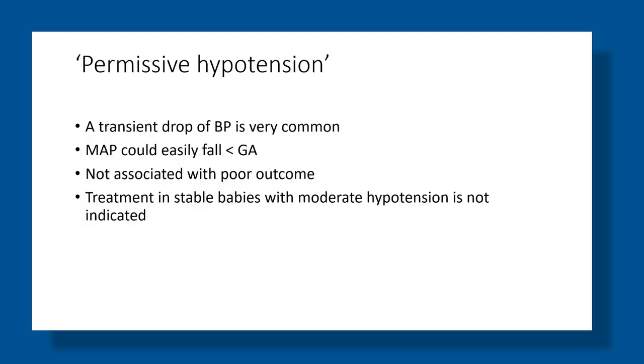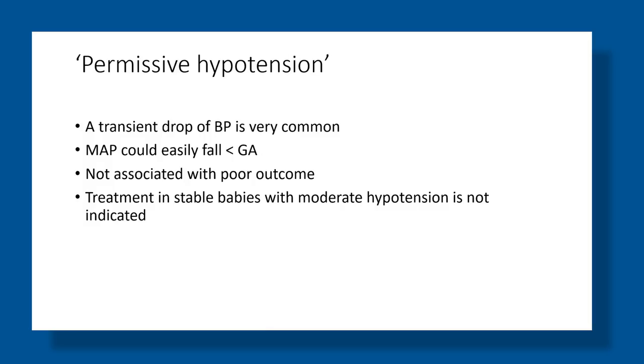So therefore, people have come to this concept of permissive hypotension. So those who are studying and working in neonatal units, we are very familiar with this word permissive. We used to talk about permissive hypercapnia. Likewise, now we are talking about permissive hypotension as well.